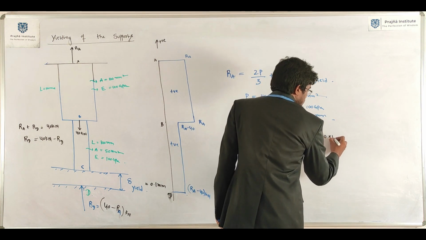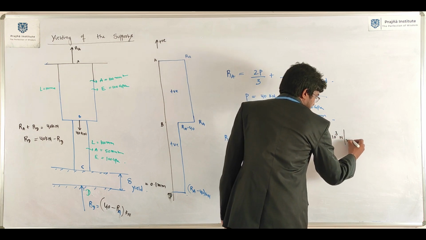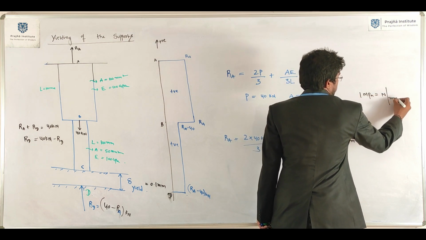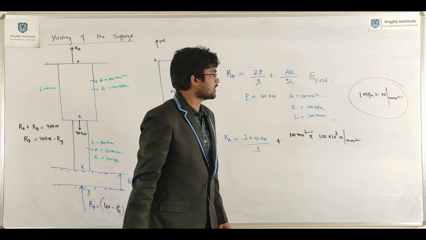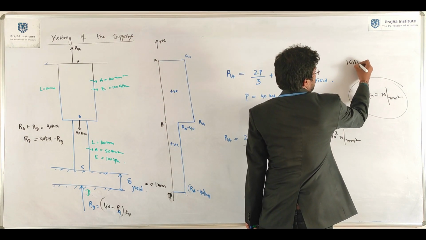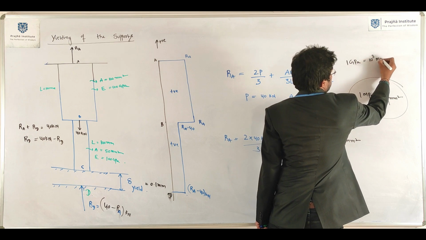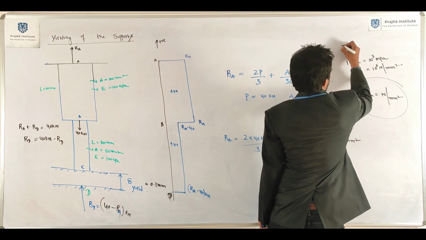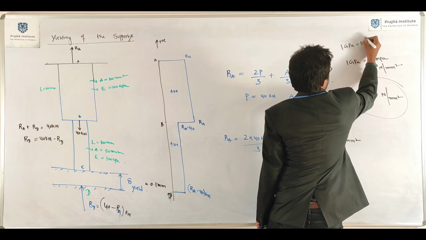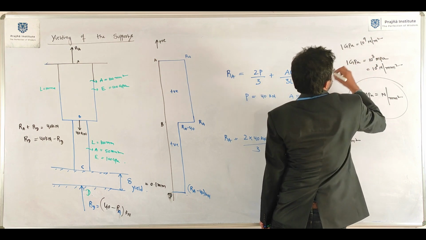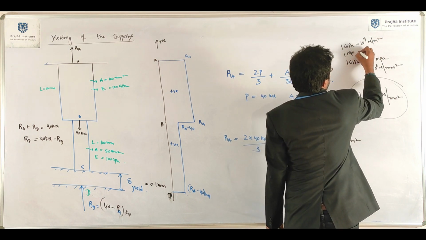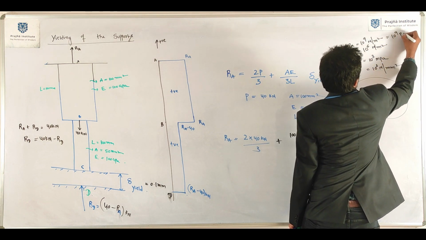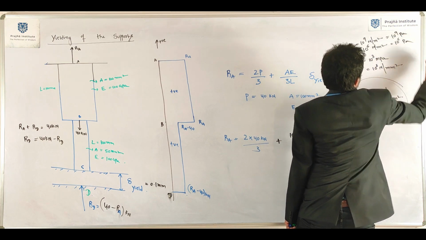Gigapascal in the sense into 10 cube megapascal. 1 megapascal equal to Newton per mm square. 1 gigapascal equal to 10 cube megapascal, 10 cube Newton per mm square. Actually 1 gigapascal equal to 10 power 9 Newton per meter square. 1 megapascal equal to 10 power 6 Newton per meter square, or 10 power 9 Pascal, 10 power 6 Pascal.